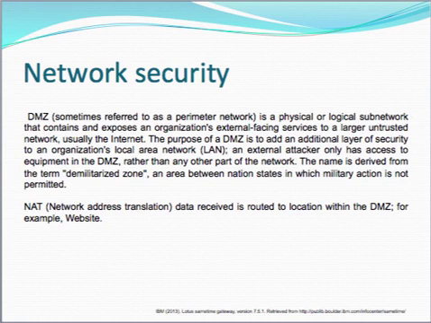A DMZ is a physical or logical subnetwork that contains and exposes an organization's external-facing services to a larger untrusted network, usually the internet. The purpose of a DMZ is to add an additional layer of security to an organization's local area network. An external attacker has access only to equipment in the DMZ rather than any other part of the network. The name is derived from the demilitarized zone, the area between nation states in which military action is not permitted.